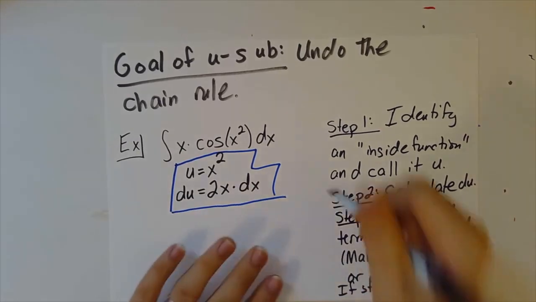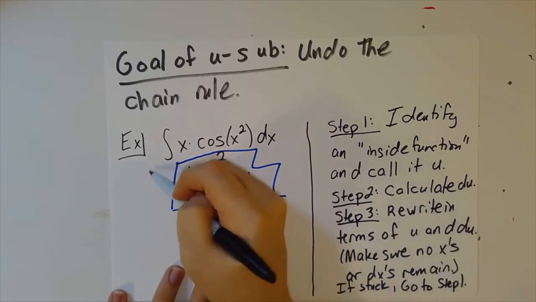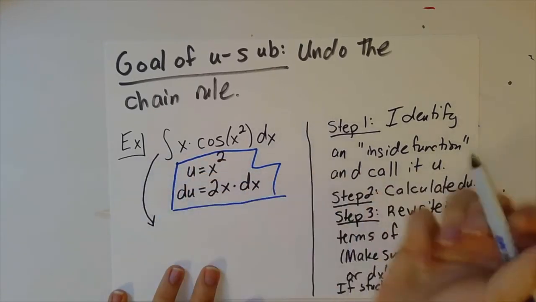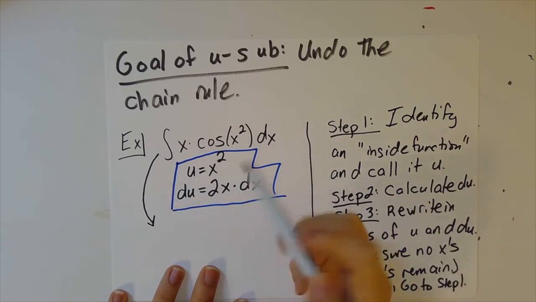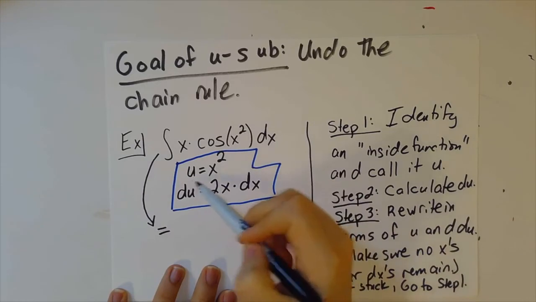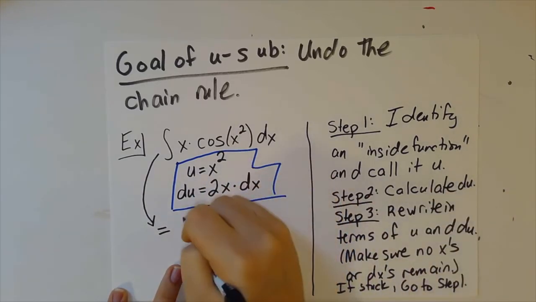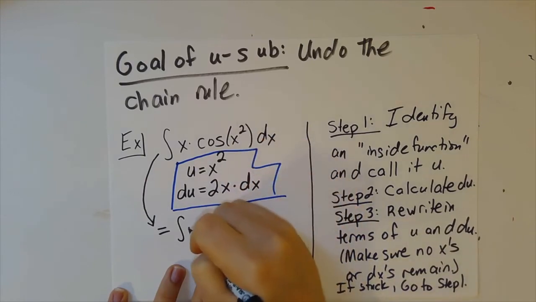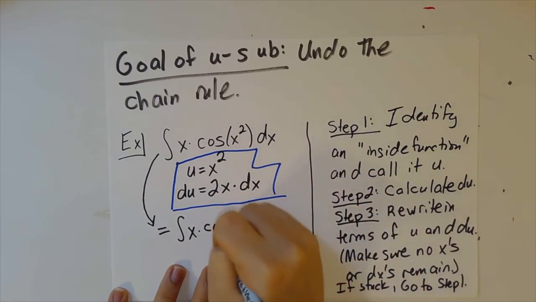So what does this look like here? Well, I'm trying to replace things using these two pieces of information. First of all, I will notice that u and x squared are the same thing. So I am allowed to rewrite this cosine of x squared as a cosine of u.